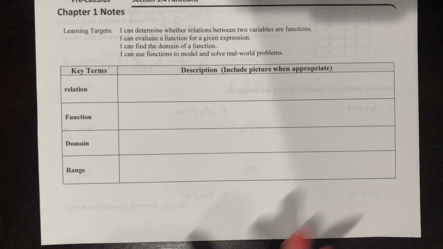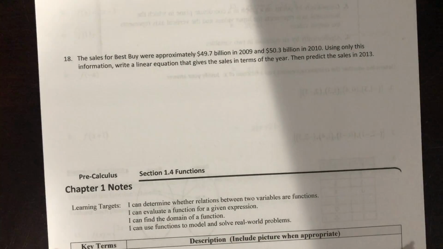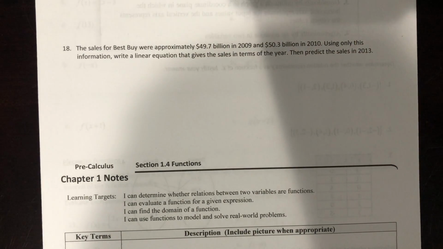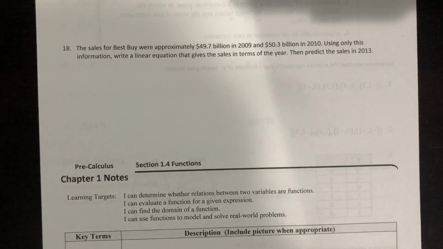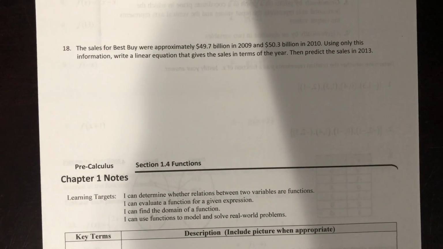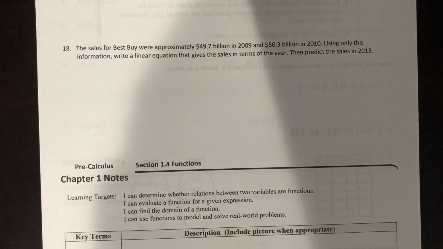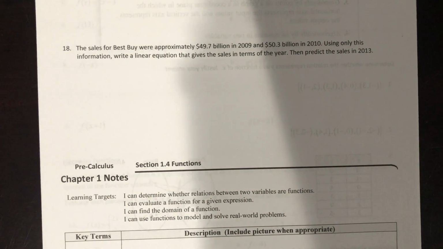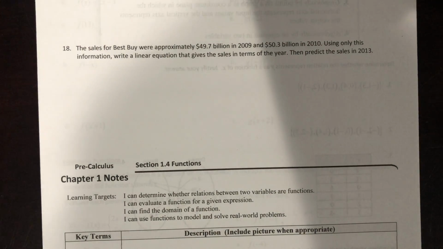Moving on to the last problem here. All right, the sales for Best Buy were approximately $49.7 billion in 2009 and $50.3 billion in 2010. Using this information, write a linear equation that gives the sales in terms of the year, and then predict what it will be like in 2013.